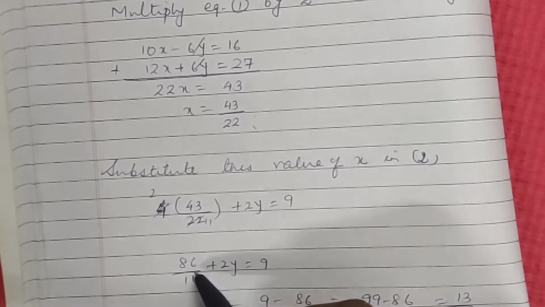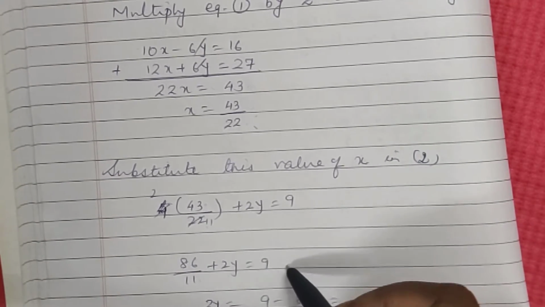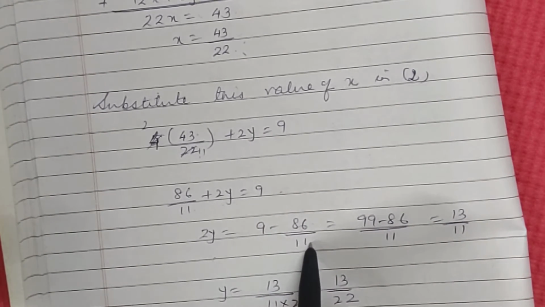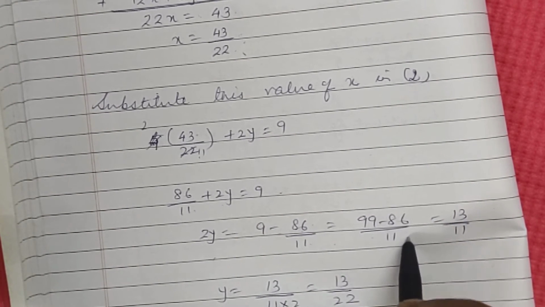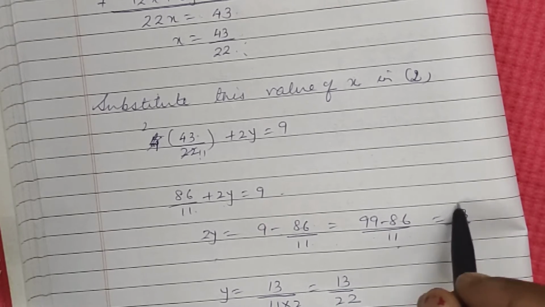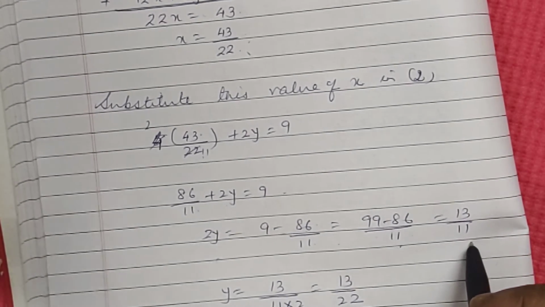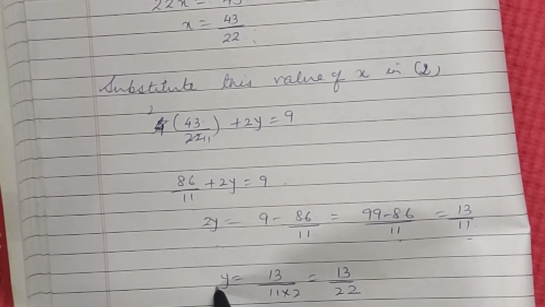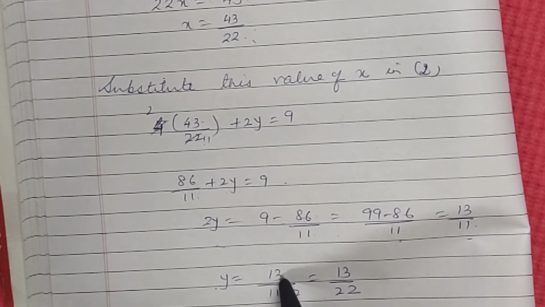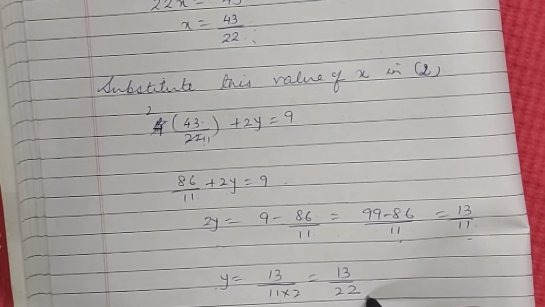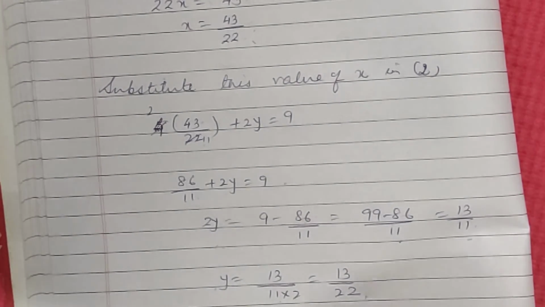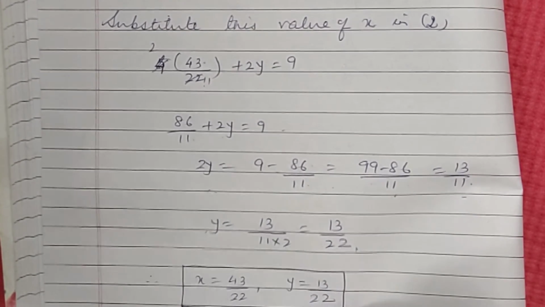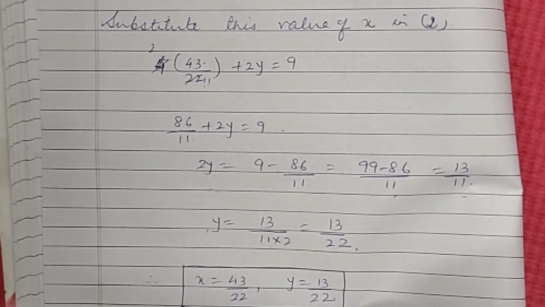So 2 into 43 is 86 by 11 plus 2y equals 9, or 2y equals 9 minus 86 by 11, that is 99 minus 86 by 11. When you solve it, you will get 13 by 11. So this is equal to 2y. Now what is y equal to? y will be equal to 13 by 11 into 1 by 2, that is 13 by 22. So by the elimination method we have got x equals 43 by 22 and y equals 13 by 22.